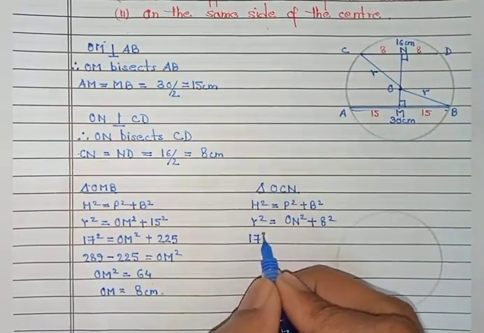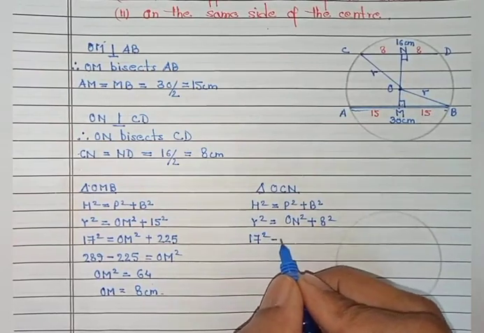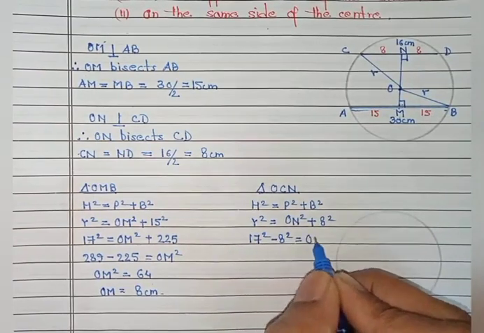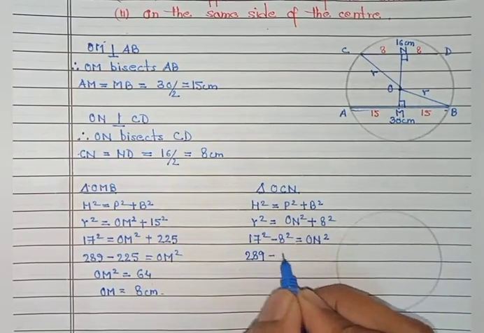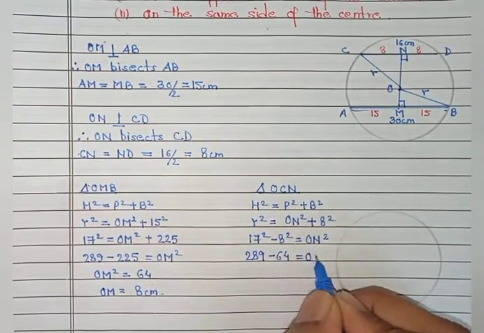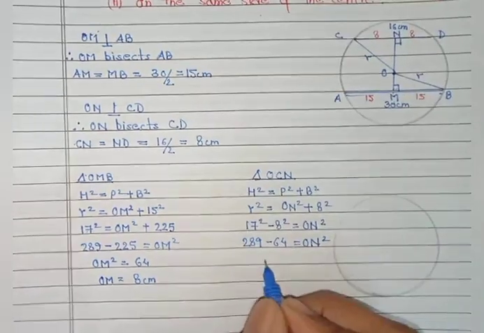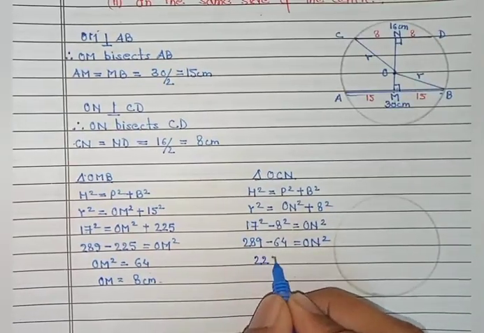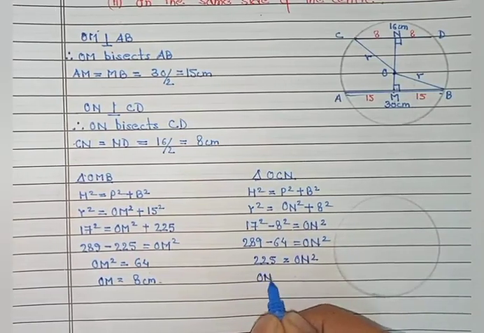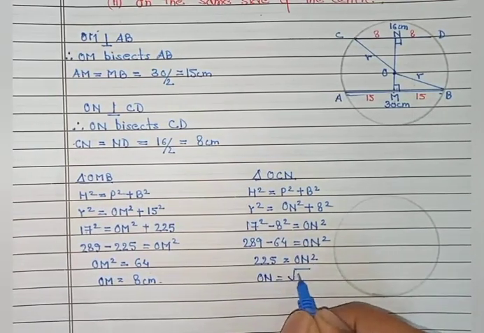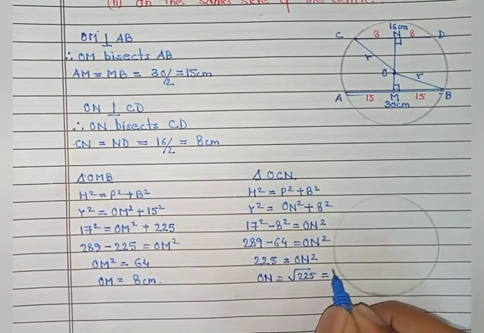This will be 17 square. This will be subtracted, ON square. So 289 minus 64. So this will give you 225. So ON will be under root of 225. That will give you 15.